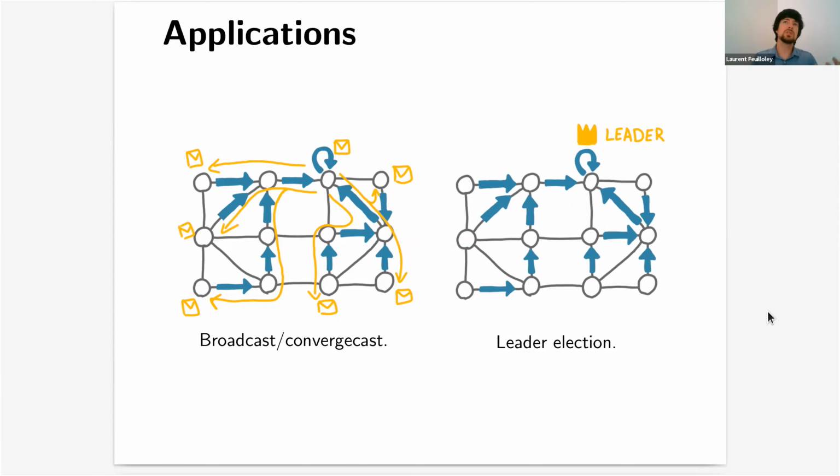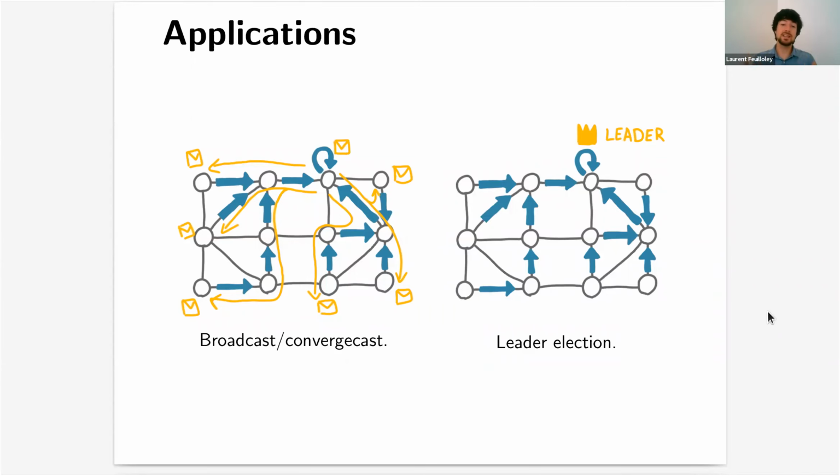But if you do that, a lot of messages will be useless because you will give some information to someone who already has the information, etc. If you do it along the edges of a spanning tree, you will just use the right amount of messages. So that's one reason why it's good. And the other reason is that if you have a directed spanning tree, then there is one node that is special, it's the root.